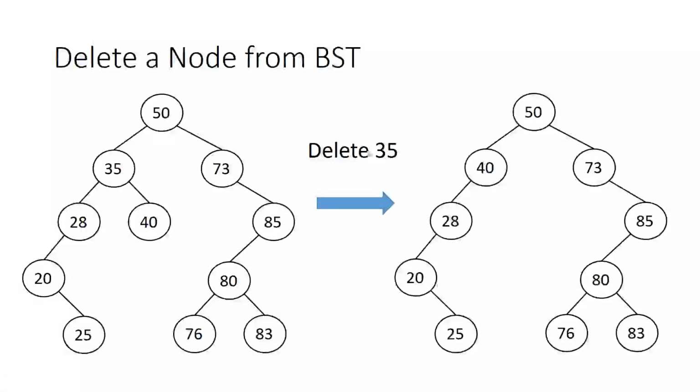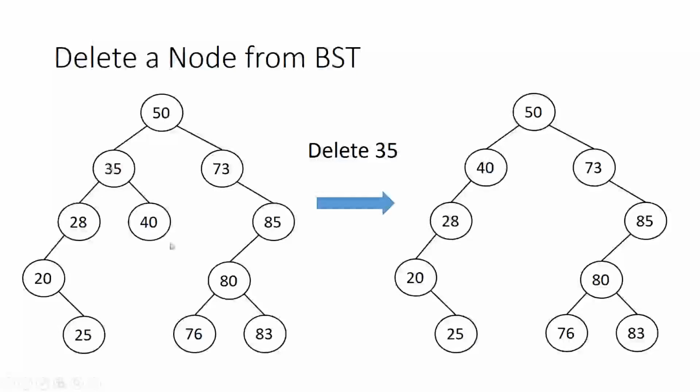Okay. Then next one, deleting 35. Now here if you see, where is 35, here. Deleting 35, you have two child nodes, left and right, both are there. Now here one point is that either we can replace the node from the left subtree or the right subtree. If you are replacing from the left subtree, it should be the maximum value.